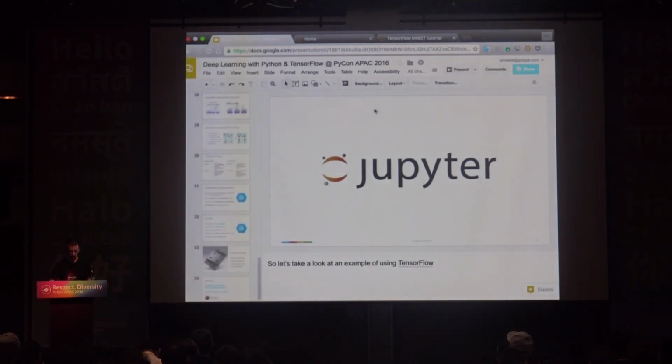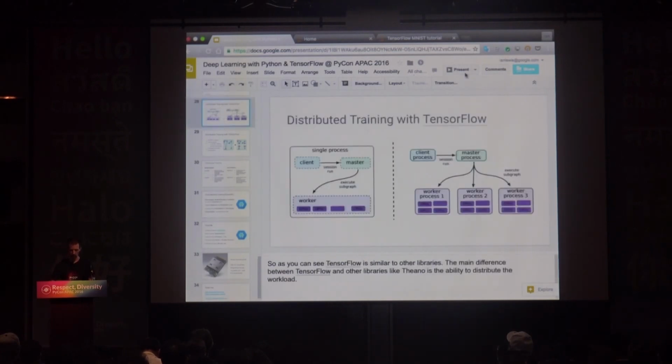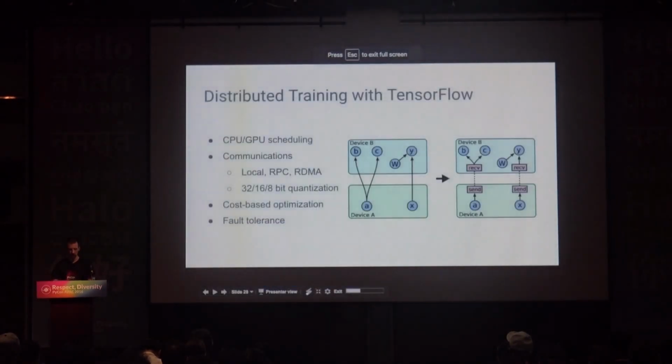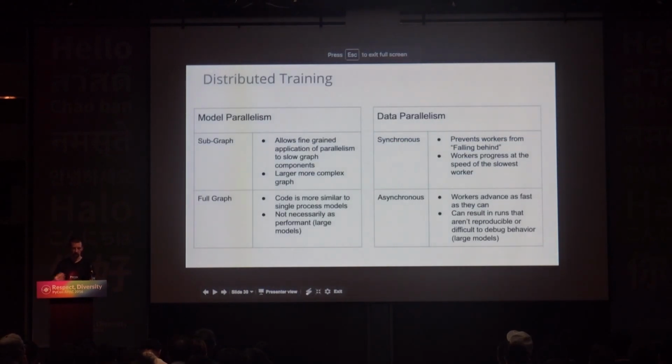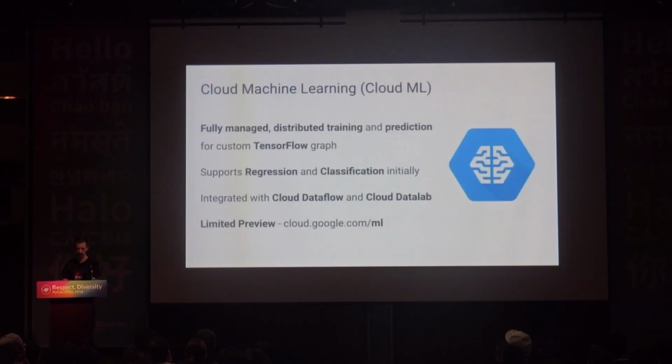I just wanted to close by saying that TensorFlow also allows you to do distributed training, and supports several different types of distributed training. And in order to make the distributed training easier to do, at Google we're developing things like Cloud ML, which will allow you to run open source TensorFlow graphs using Google hardware.